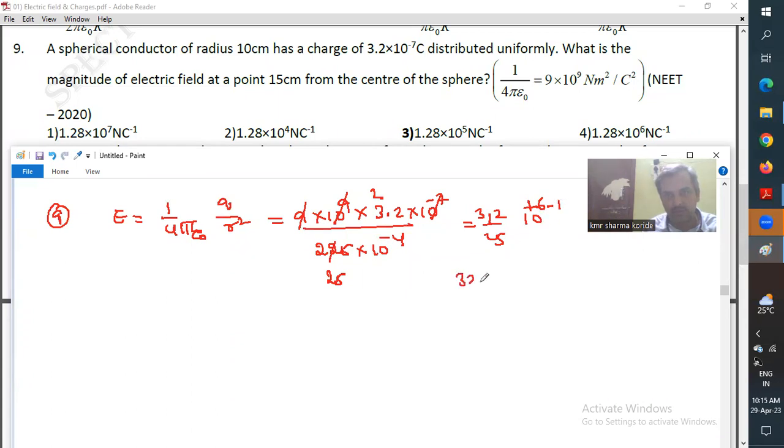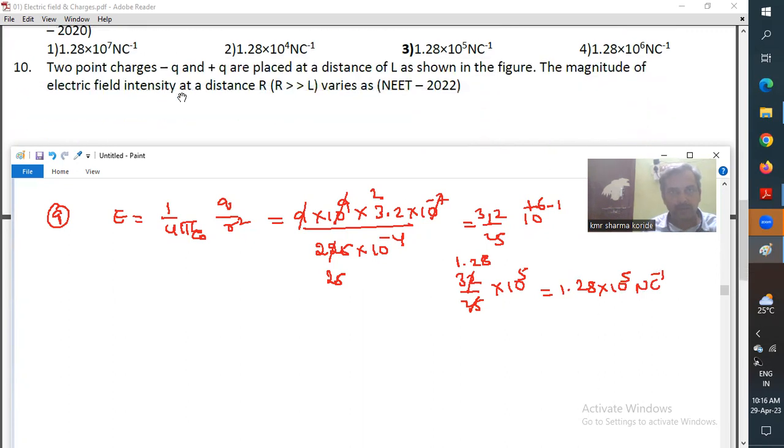So 32 by 25 with 10 to the power of 5. You can further simplify it, and it will be 1.28 into 10 to the power of 5 Newton per coulomb. Field is measured in Newton per coulomb. So moving to question number 10.